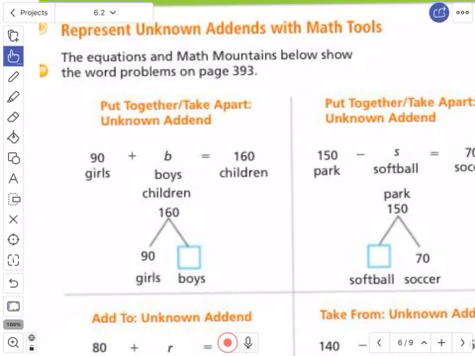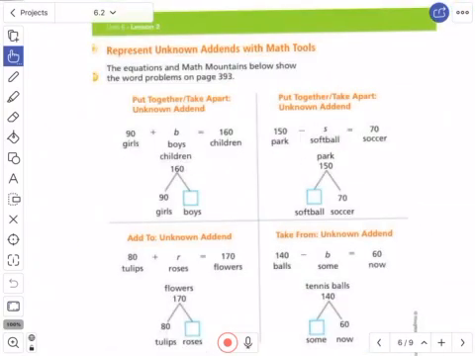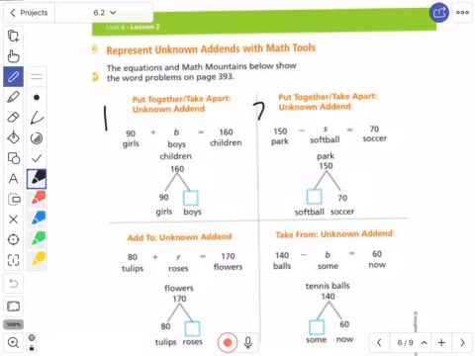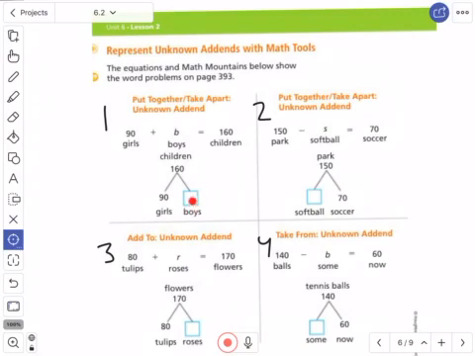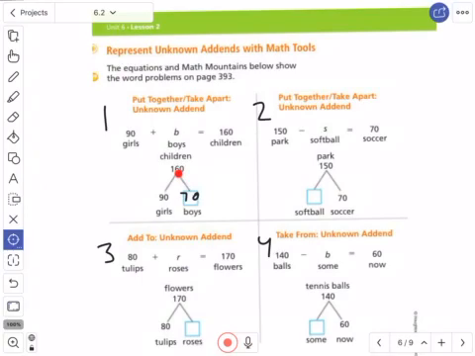Okay, so I knew that it was 90 girls plus some boys equal 160 children. I'm going to go back there just to make sure my numbers are right. So I know this was for problem number 1, this is for problem 2, problem 3, problem 4. Basically, what you're going to be doing is putting the unknowns into these spots. Well, I know that one was 70 boys, because it was 90 girls plus 70 boys equals 160 children.